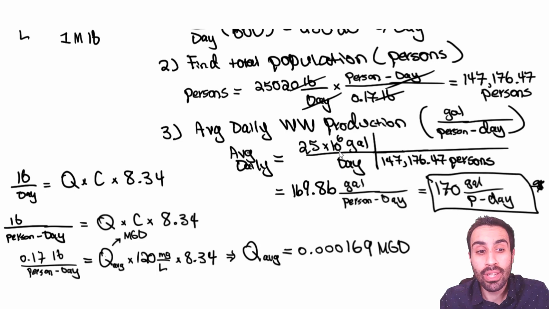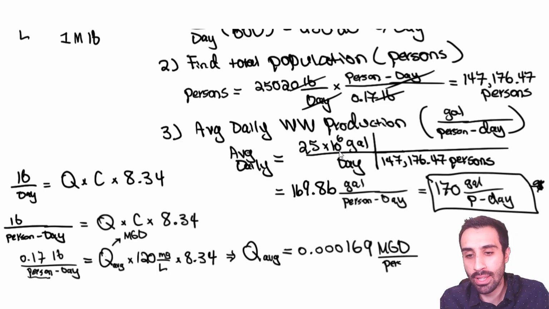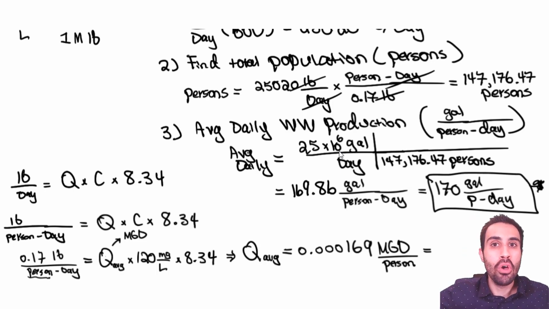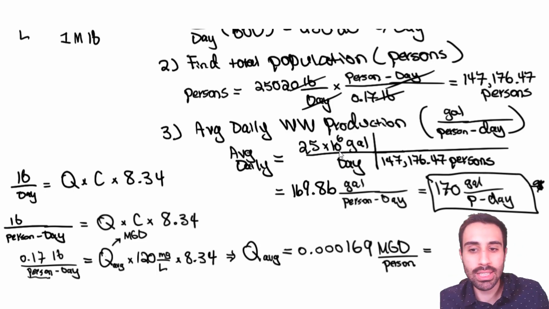And now, don't forget, there's still that person part at the bottom, per person, the bottom portion. But then that million is times 10 to the 6. So what I can do is just take this value, multiply it by a million, or times 10 to the power of 6, and we get gallon per person per day.